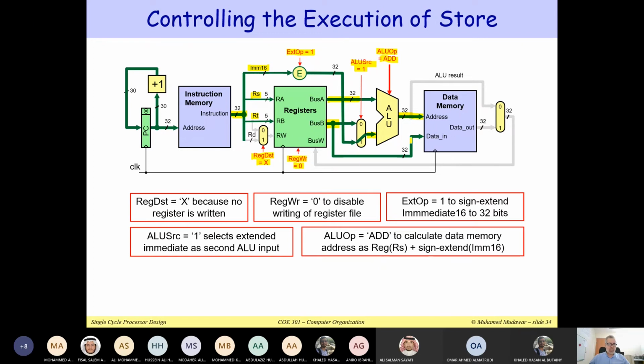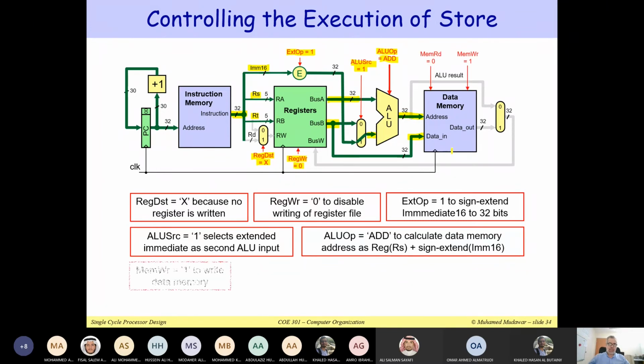Now the data that we need to store will be available at the input of the data memory. It's going to come from bus B, the value of RT. Therefore, we connect this bus to the data input of the data memory. This is the value that should be stored. Now we need to control this data memory.